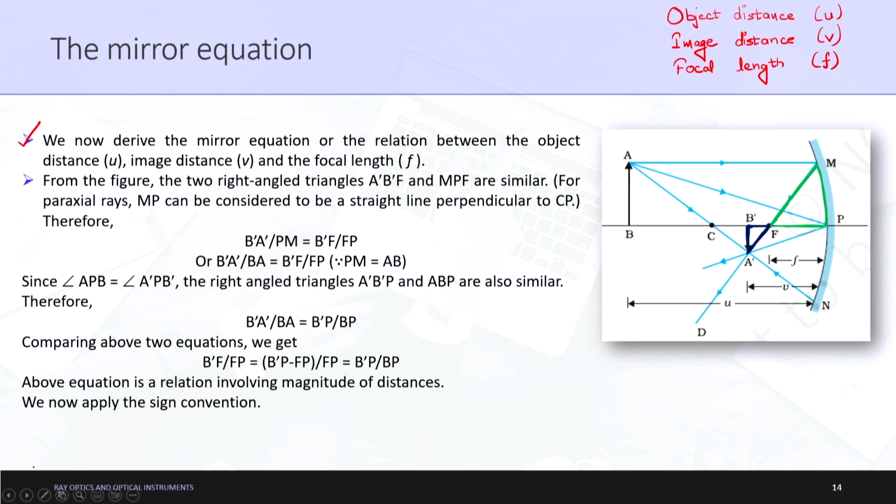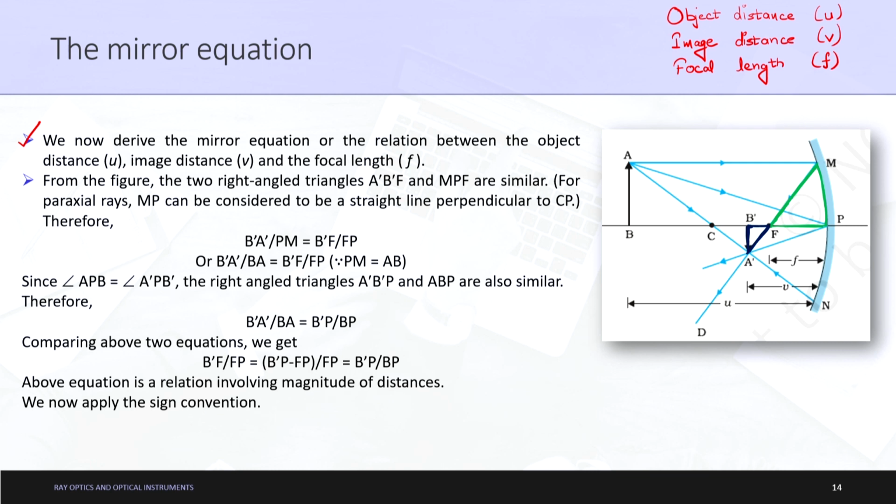These both triangles are similar under the para-axial assumption, so MP can be considered to be a straight line perpendicular to CP, the principal axis.